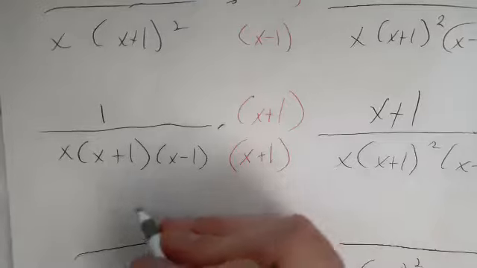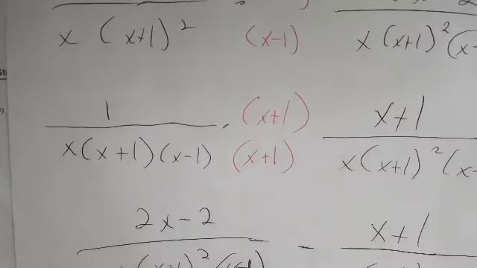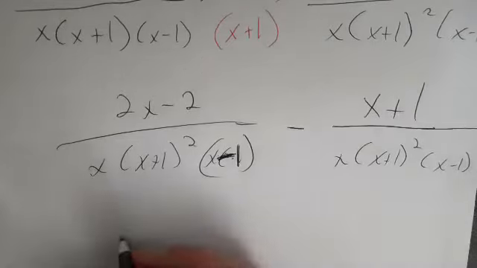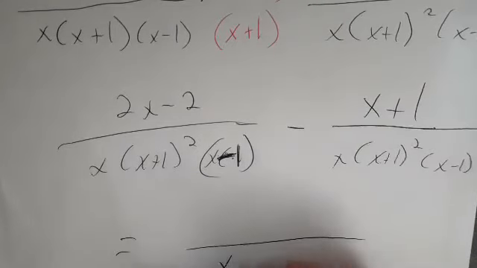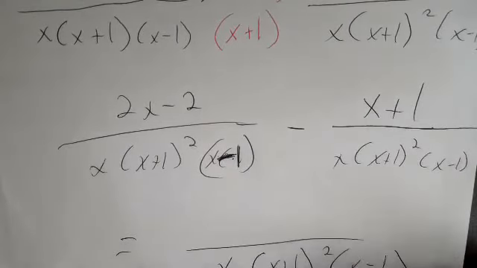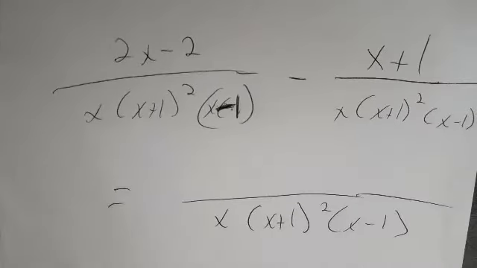I got it over my common denominator. The first thing looks like 2x minus 2. The next thing looks like x plus 1. So I have to do the subtraction correctly. You do have to do some distribution. Don't miss the distribution. I'm writing out my common denominator, that crazy thing, x times x plus 1 squared and an x minus 1.